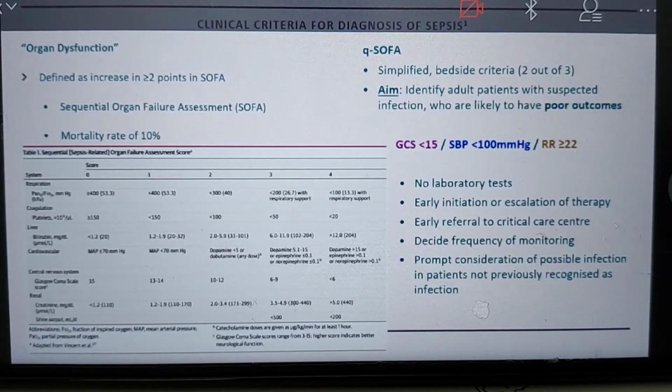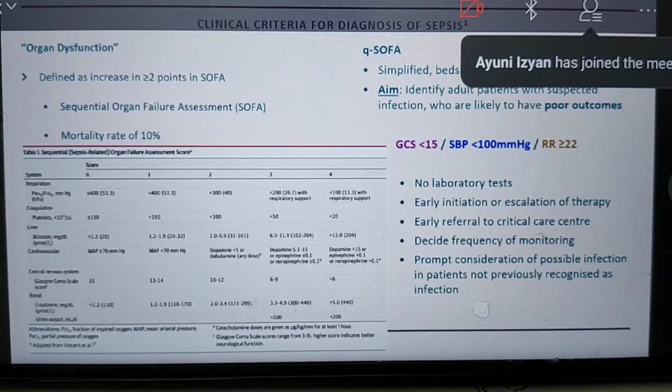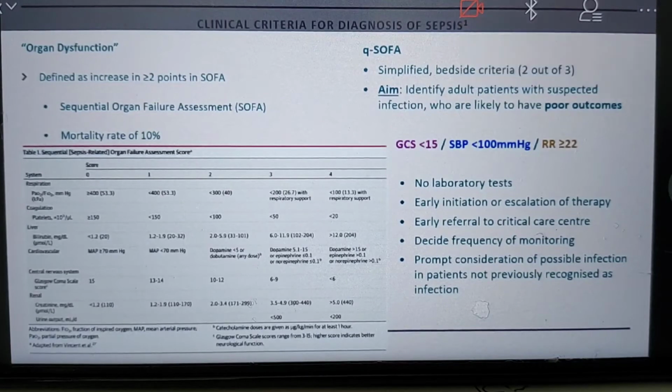Next is the clinical criteria for diagnosis of sepsis. So, organ dysfunction. What is the definition of organ dysfunction? It is defined as an increase in the SOFA score of 2 points or more. So what is SOFA score? It is the Sequential Organ Failure Assessment.